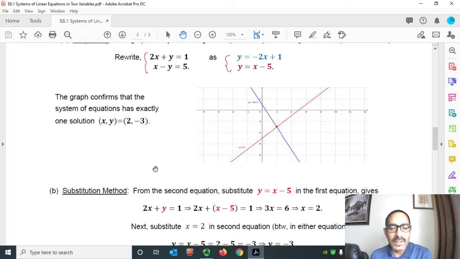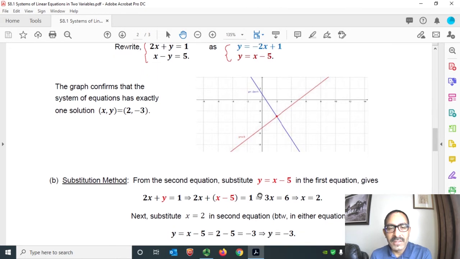So for example, here it's easier to rewrite the second equation for the y variable. So let me write y equals x minus 5, then substitute that y equals x minus 5 in the first equation. The first equation is 2x plus y equals 1. So put y equals x minus 5.